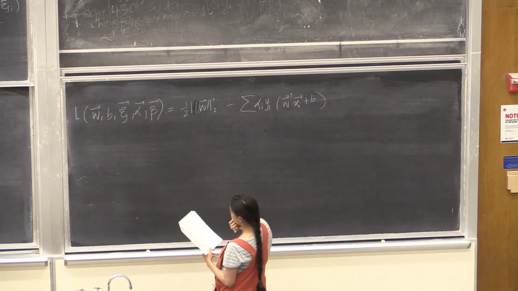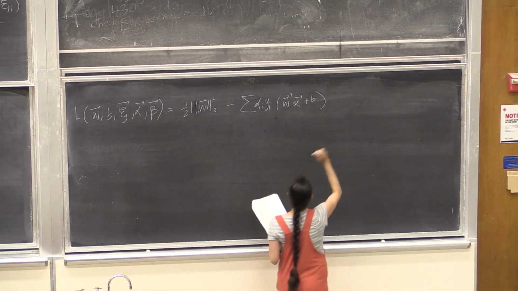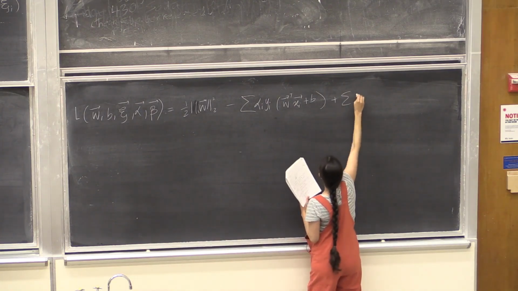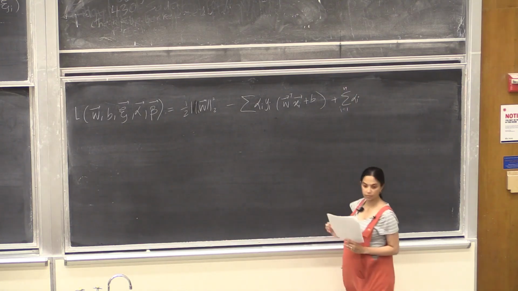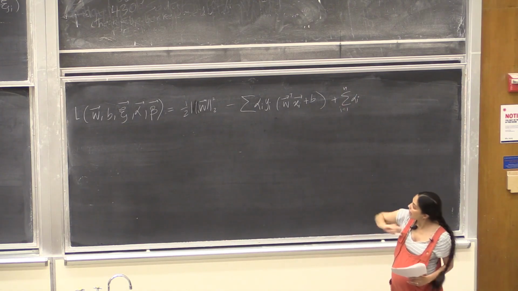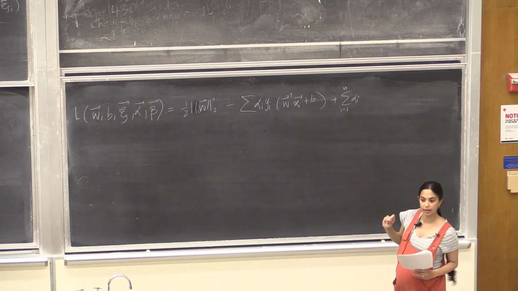Then I have, let's pull out, I have this sum of alpha i's. Right? And then everything else is a term with the psi I in it, right?